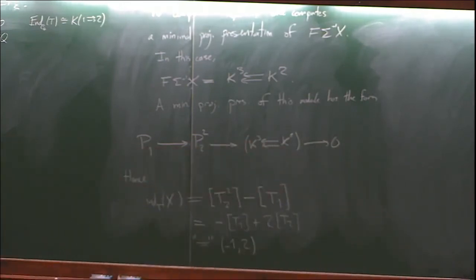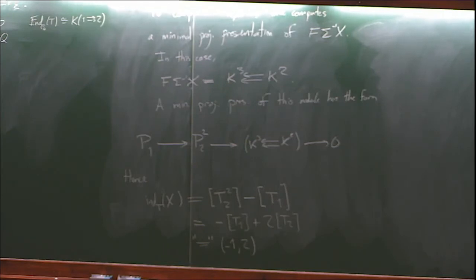So the index we've computed now. So we can write down what the cluster character applied to X is. It's x to the power of the index, so x1 to the minus 1 times x2 squared, times the F polynomial, 1 plus y1 hat. This is the F polynomial applied to y hat.